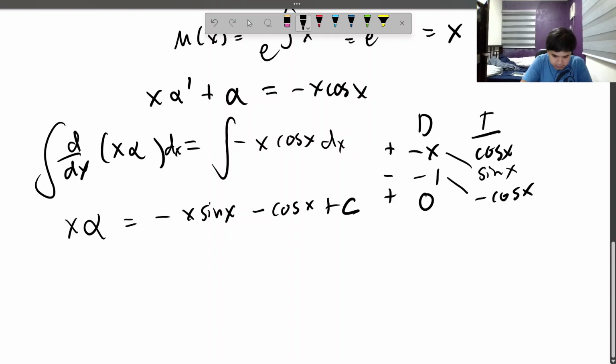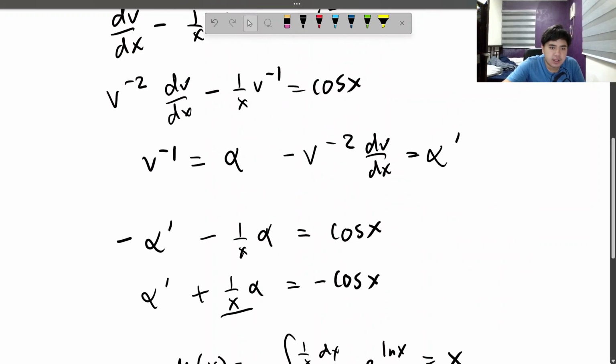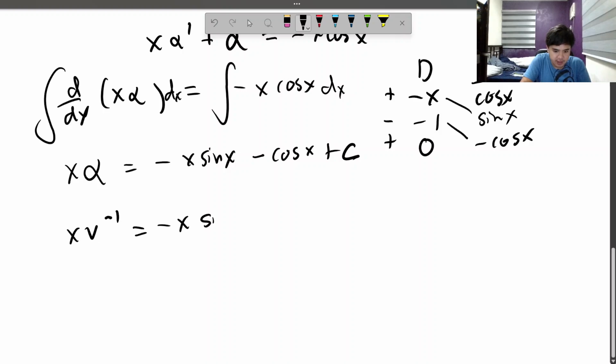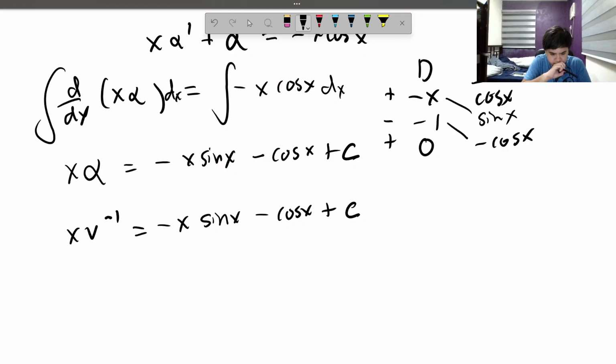Let's see. Alpha is v to the negative 1 back there. So x v to the negative 1 equals negative x sine x minus cosine x plus c. Sorry. Yeah.